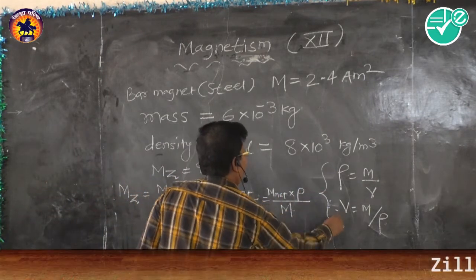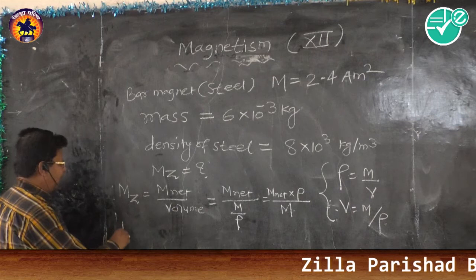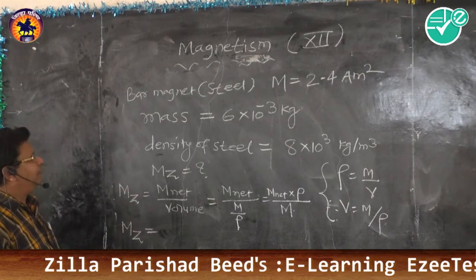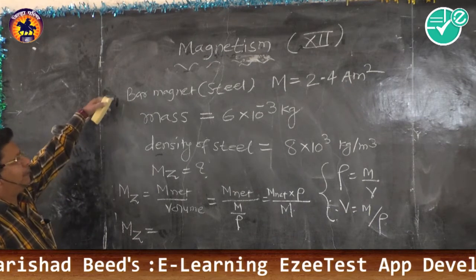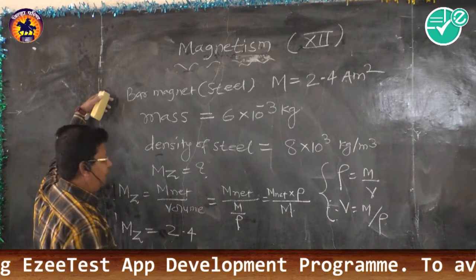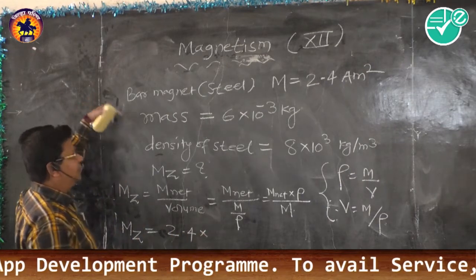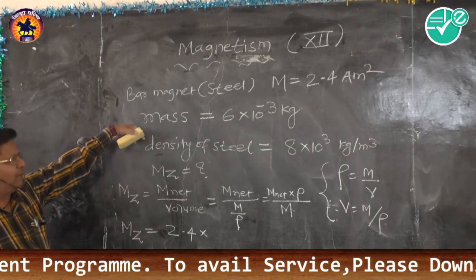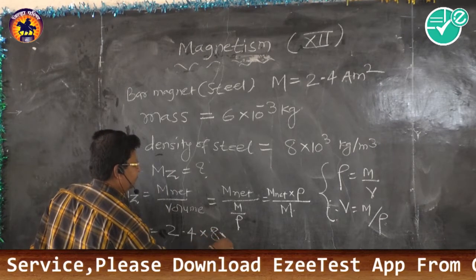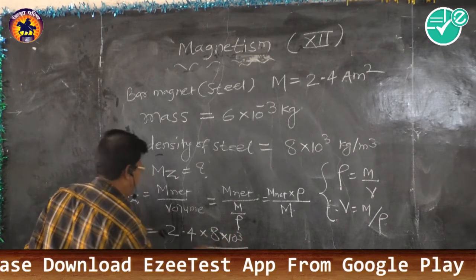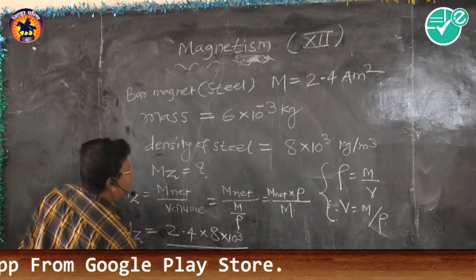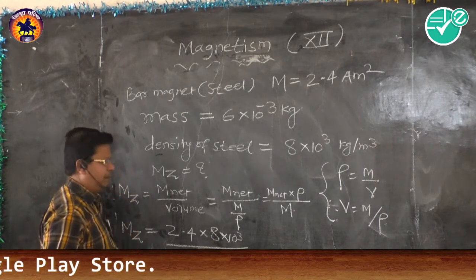And finally, if we substitute the values in this formula, Mz is equal to M net, the net magnetic moment, 2.4 ampere meter square multiplied by density of the steel, which is given 8 into 10 to the power 3, and divided by mass, and mass is given 6 into 10 to the power minus 3.